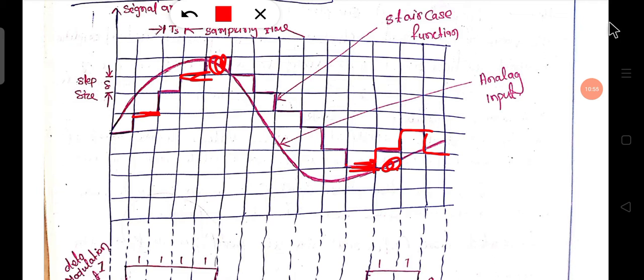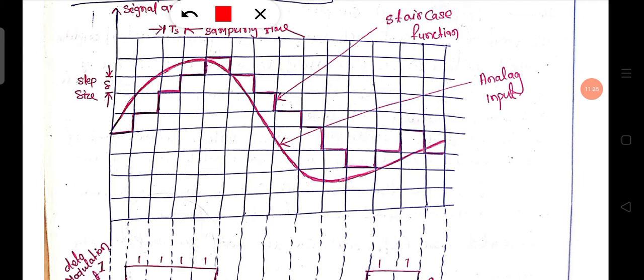So this is our staircase function. After that, since the staircase function is not as accurate as our analog signal, there is some error.